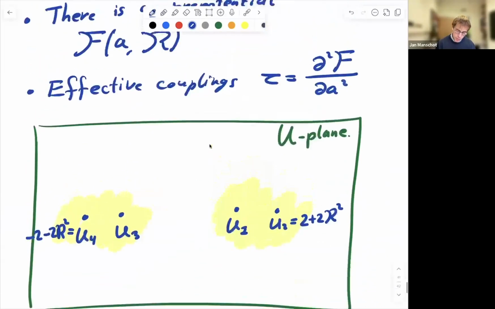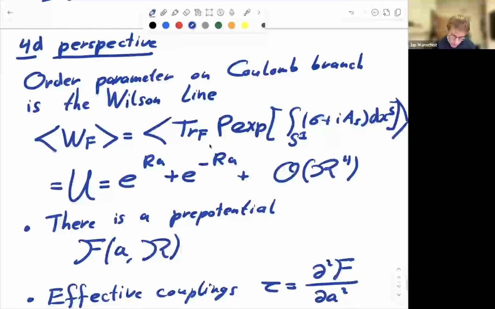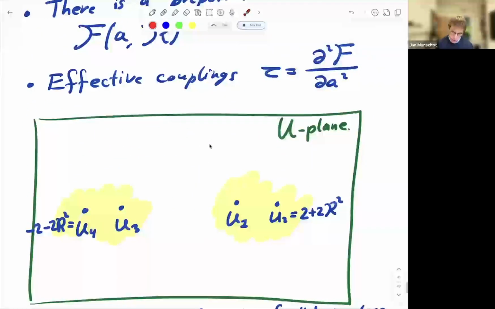For a Wilson line like this, there's a center symmetry where we change the connection such that this expectation value changes by a sign, and that maps these 2 copies to each other.